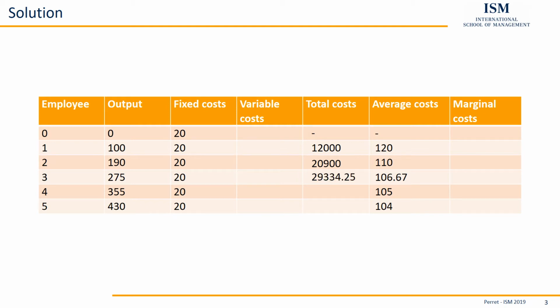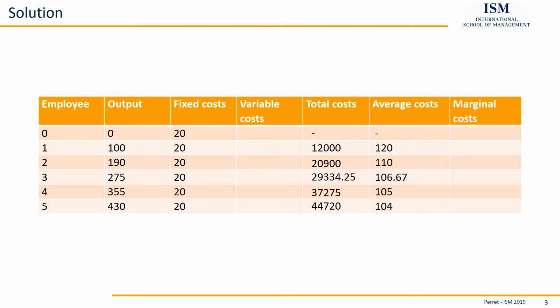Then 355 times 105, that's one. And finally 430 times 104, giving total cost of 44,720.